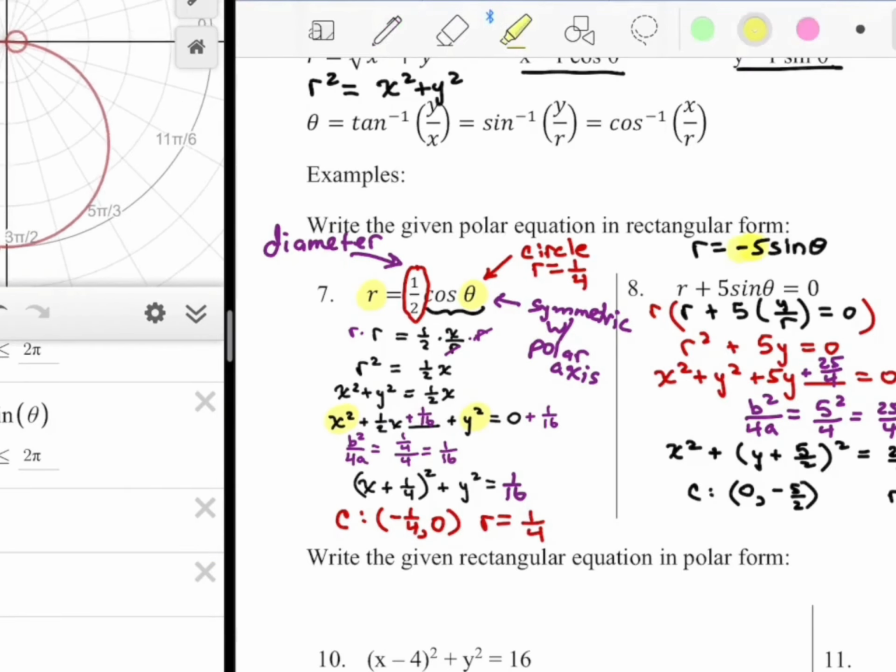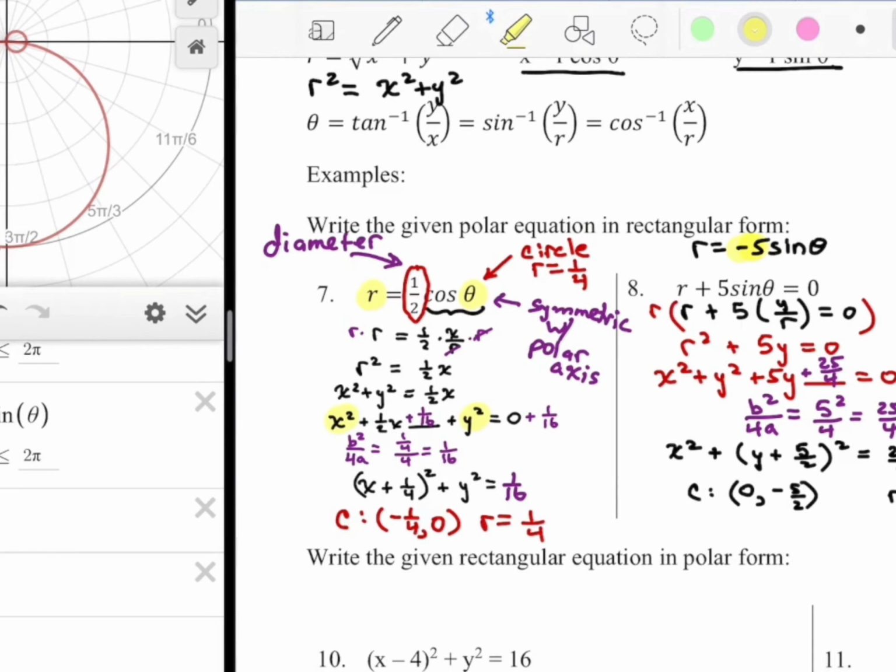So the diameter is consistent with the coefficient because the radius is 5/2, 2.5, and it does seem to be symmetric about the y-axis. The only difference is because it's negative, it's the negative y-axis as opposed to the positive y-axis.